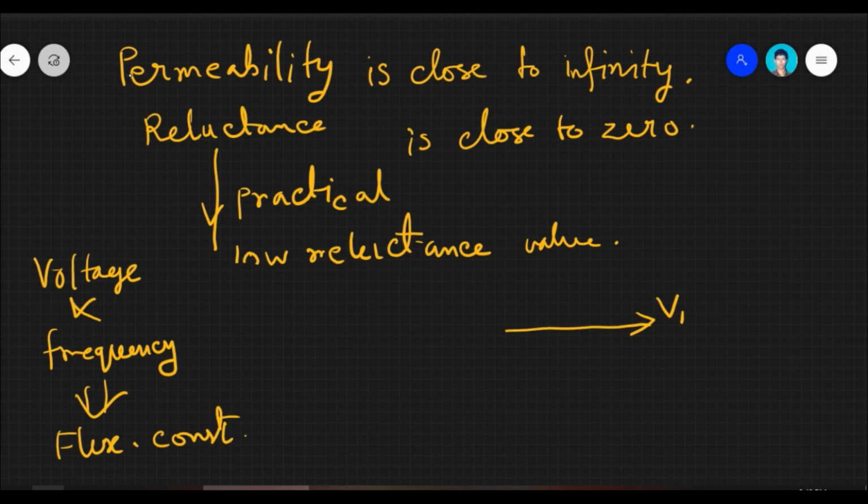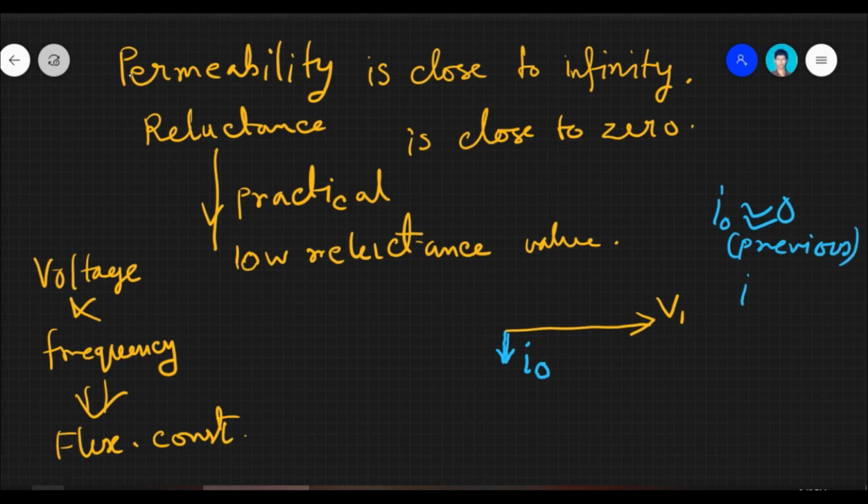So when you have a low reluctance value rather than zero reluctance, what will happen? A magnetizing current will be drawn, and the value of the magnetizing current or no load current will have some finite value. Previously I naught was 0. This is the previous case.